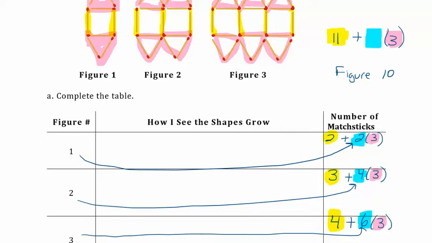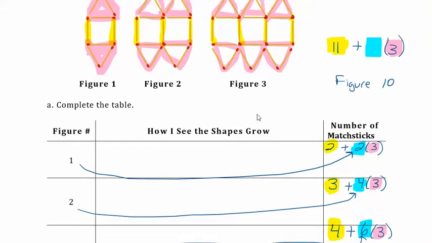Okay, now, this blue number was the number of triangles. In figure 1, there were 2 triangles. In figure 2, there were 4 triangles. In figure 3, there's 6 triangles. How many triangles would there be in figure 10?